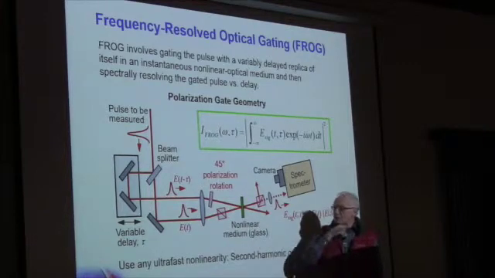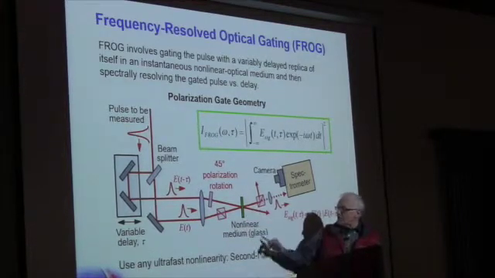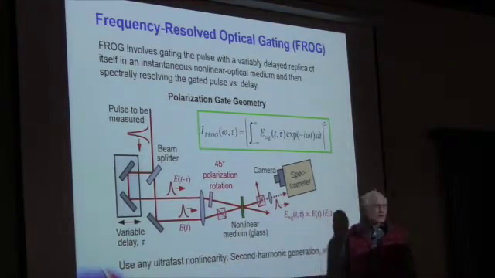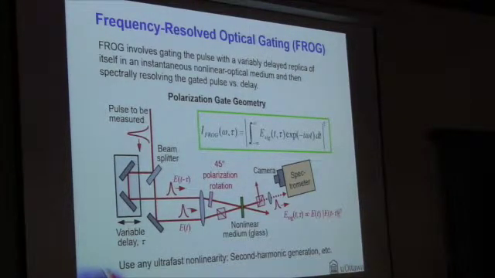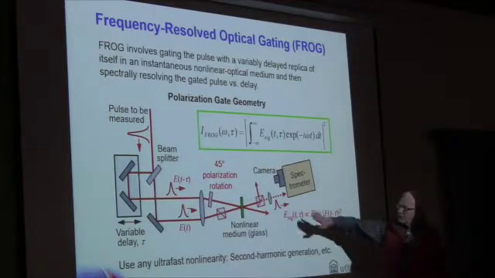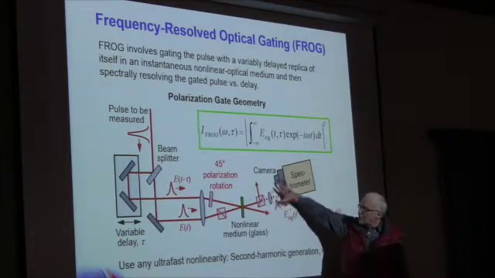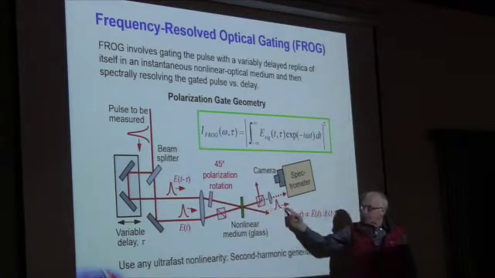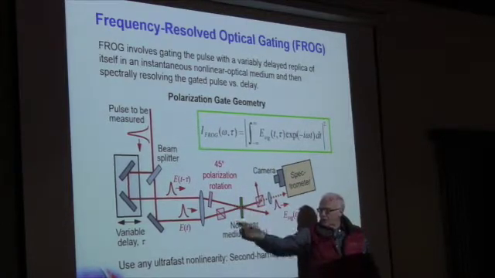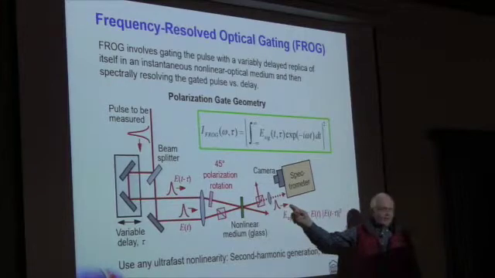In this illustration, which I took from Rick Trebino, it's a Chi-3 material, and so any nonlinearity works, it turns out. The difference is instead of putting a detector out here, you put a spectrograph, and you can look at the spectrum. If this were a second harmonic crystal, do everything exactly as before.